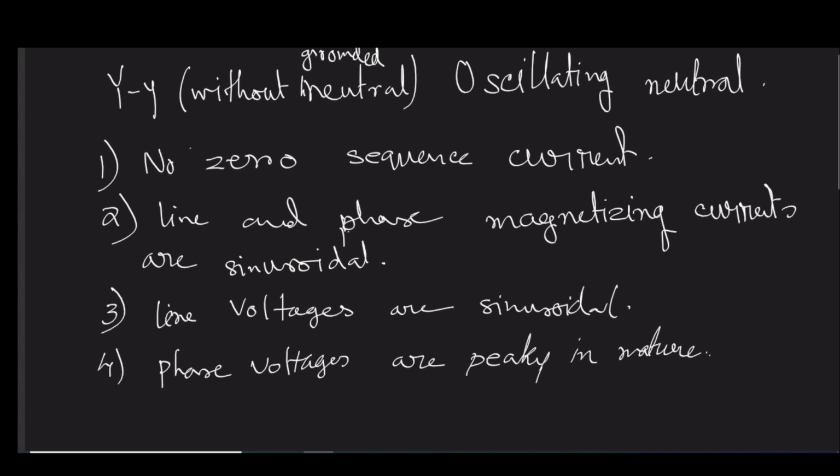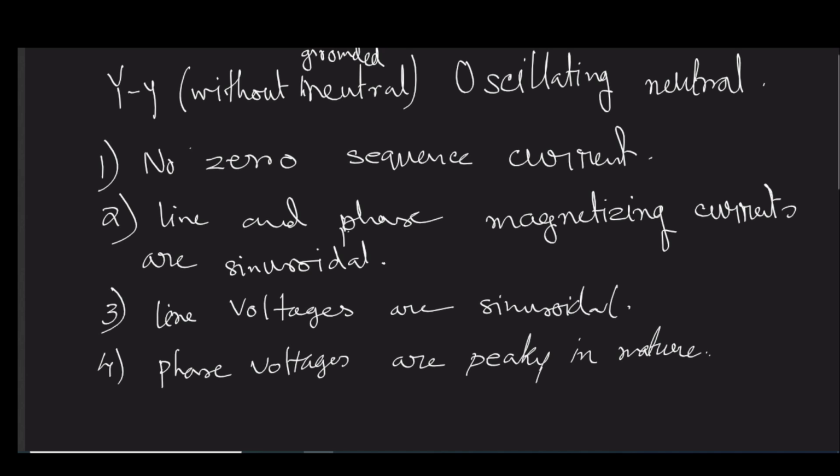If you notice carefully in that principle of third harmonic oscillation, the speed of the oscillating neutral is 3 times the fundamental rotation. How do we find the speed of the fundamental? For a p-pole system, it is 120 f by p.